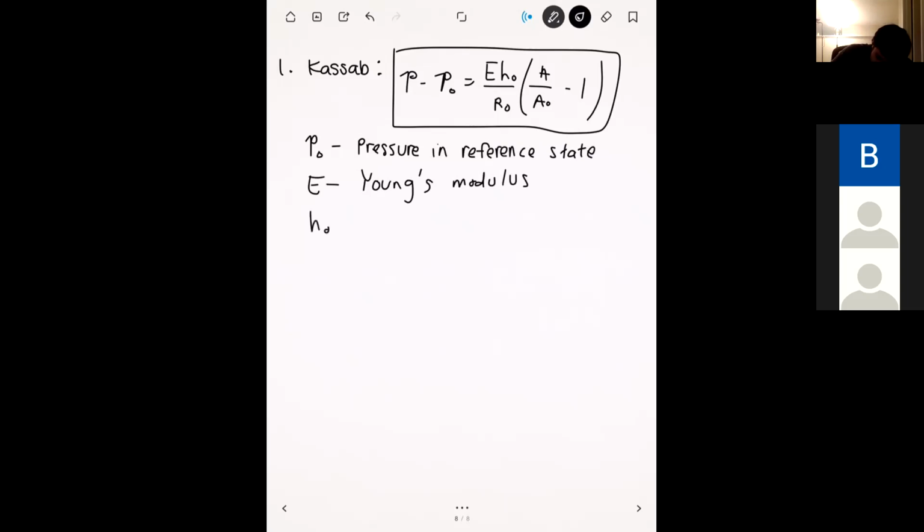H0 is the wall thickness. R0 is the radius in the reference state. And A0 is the cross-sectional area in the reference state.